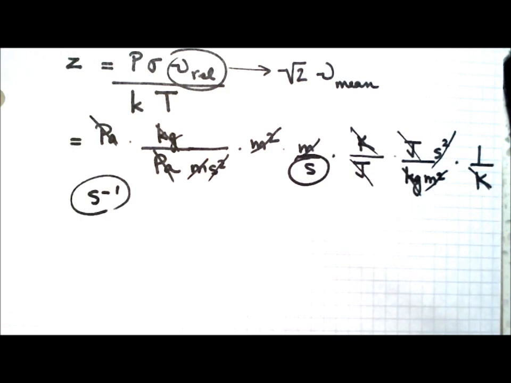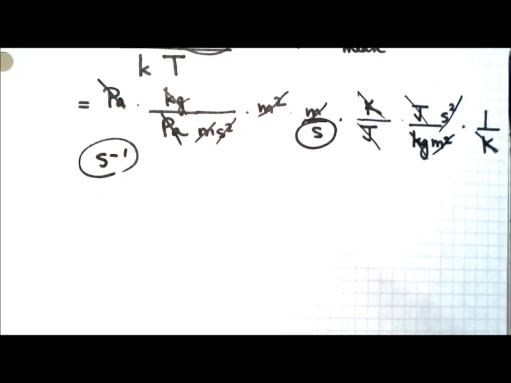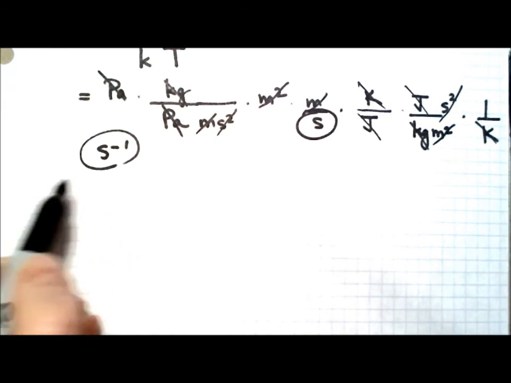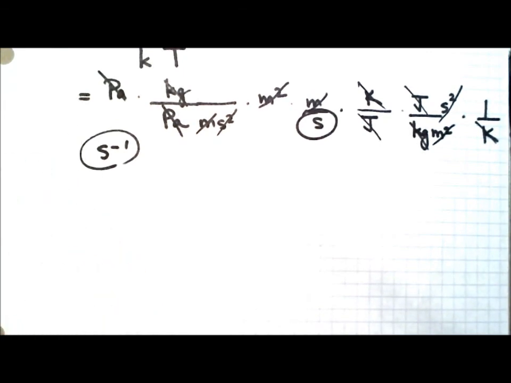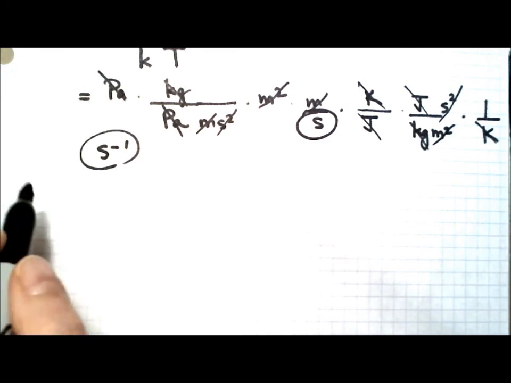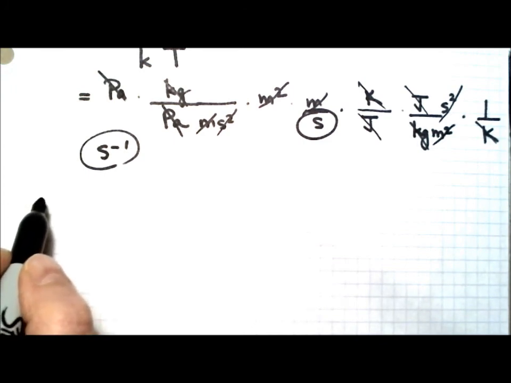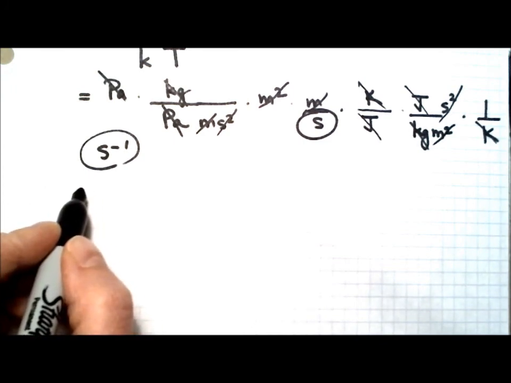Finally are the formulas for the different sorts of speeds that we have, our different benchmark speeds.